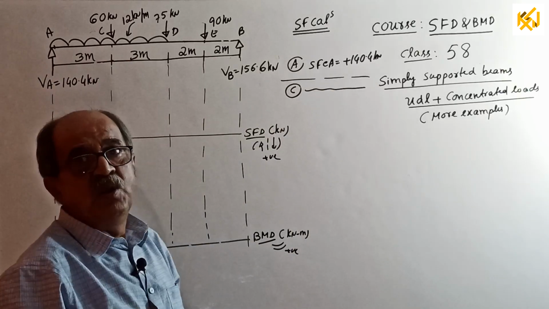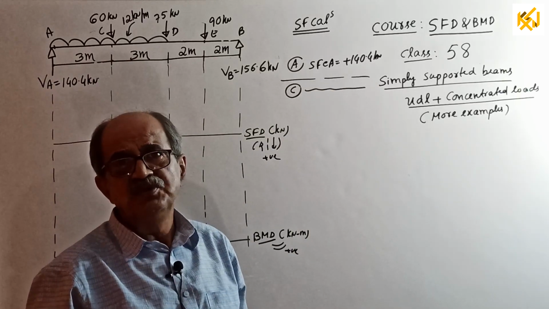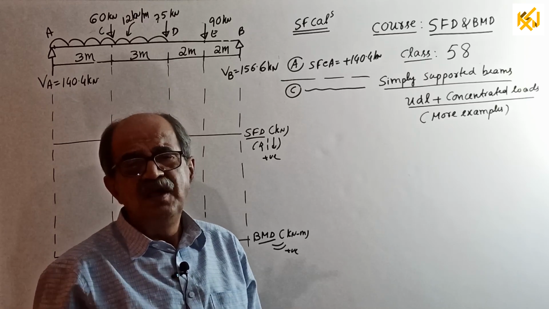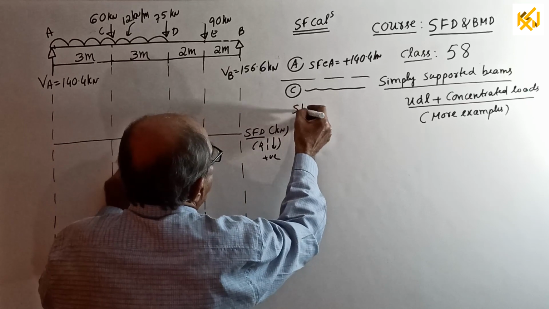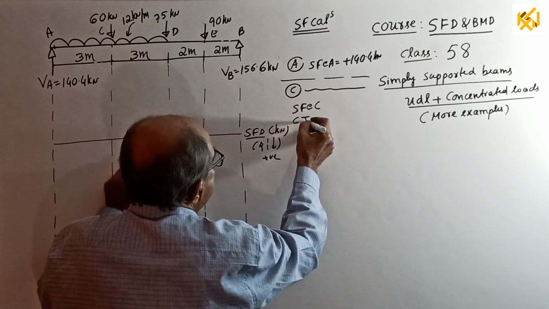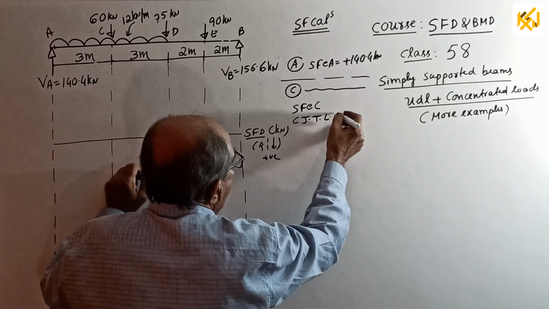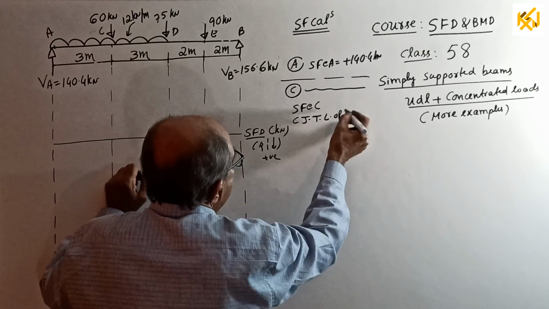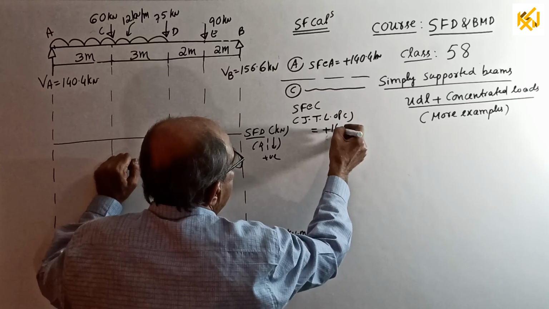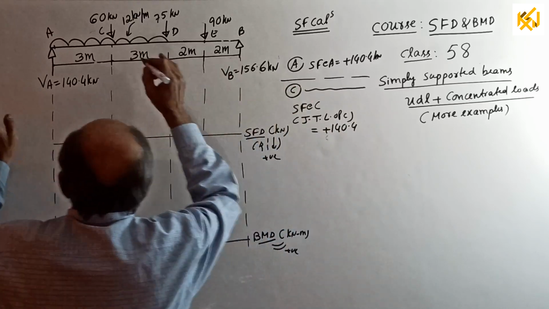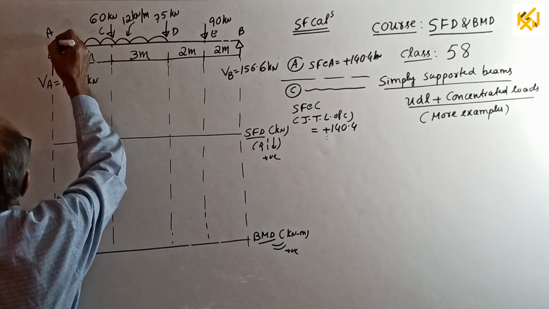There is a point load at C. Therefore, shear force calculation twice. I don't know how many times I told. Start. First, shear force at C just to left of C equal to the previous value, 140.4.